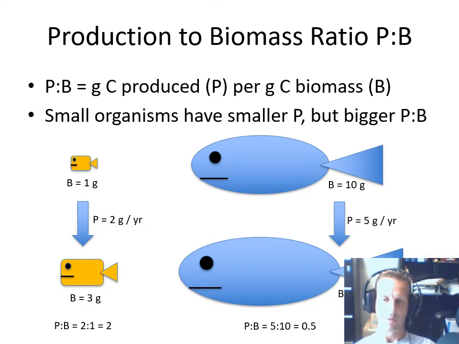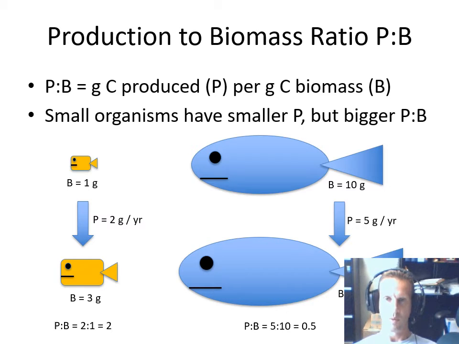Okay, one of the general rules that we got from the previous diagram is that pound for pound, and I don't like to use non-metric units, but it's a colloquial expression, pound for pound, smaller organisms have a higher metabolism than larger organisms, and smaller organisms therefore have more rapid production relative to their body size than larger organisms do.